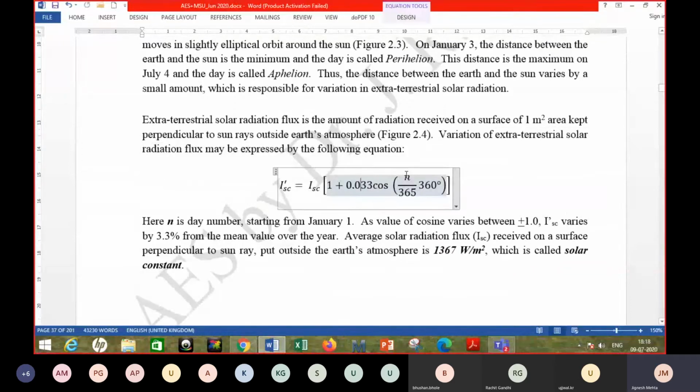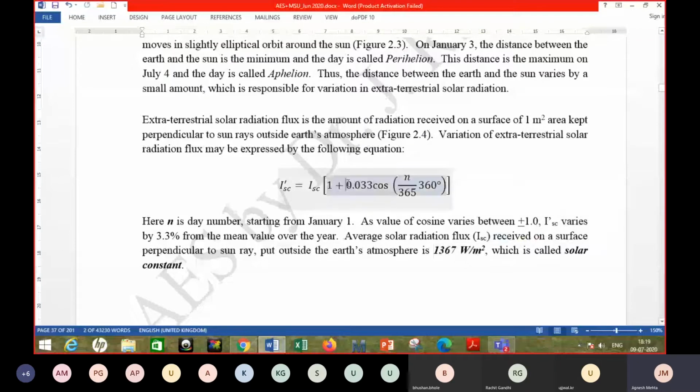If you are talking about January 3rd, then you put 3 here and find out the value, which will be almost 1.033, right? Times ISC. ISC is a constant, and that value is 1367 watt per meter square. It's an average of all the days.